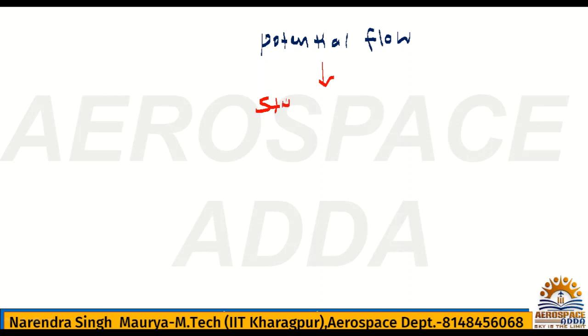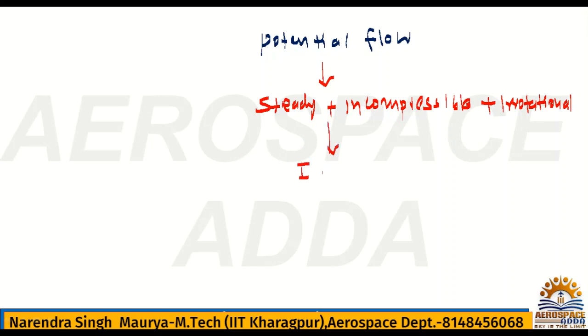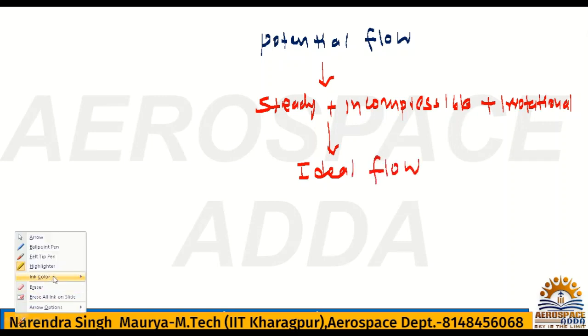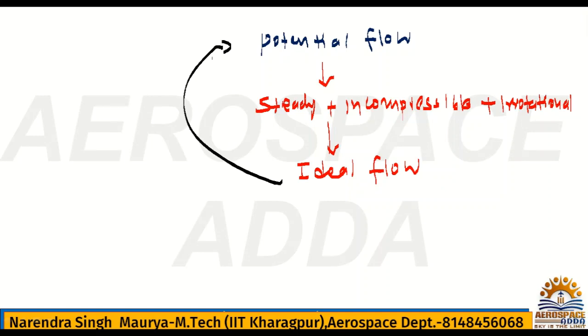It is very clear, I told you: steady, incompressible, irrotational, and this will be called ideal. So always remember, ideal flow is nothing but potential flow. If you say potential flow, it means a steady, incompressible and irrotational flow. Hope you understood.